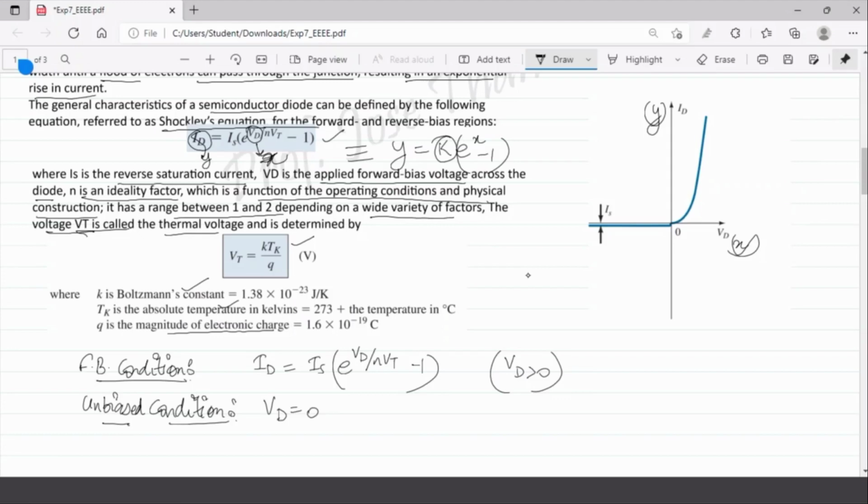If Vd is equal to 0 in this expression, Id is equal to Is into e raised power Vd divided by eta Vt, minus 1, what will we get? When Vd is equal to 0, Id is equal to Is e raised to power 0 minus 1, which is nothing but 0. I can say that whenever Vd is 0, your Id is also 0. e raised to power 0 is 1, so 1 minus 1 is 0.